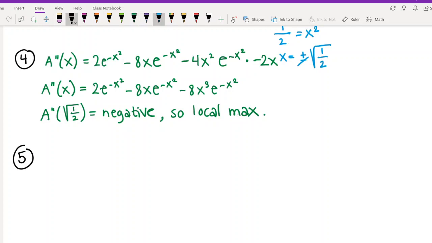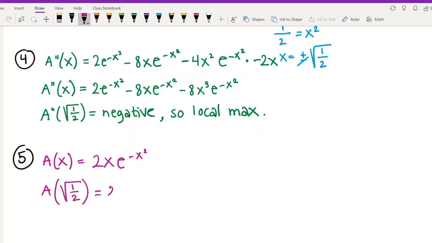So we know that the area, I'm just going to write it down here, is going to be 2x times e to the negative x squared. If we plug in the number that we found, square root of 1/2, we get 2 times square root of 1/2 times e to the negative square root of 1/2 squared.